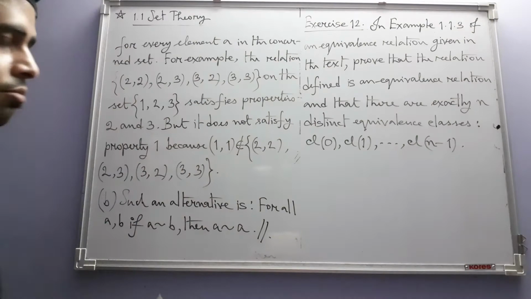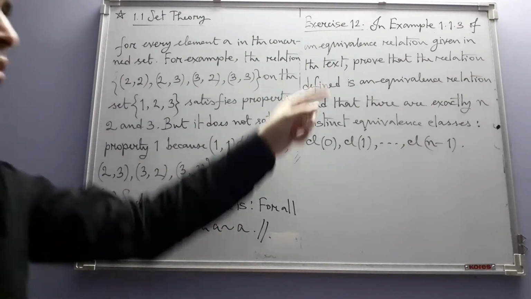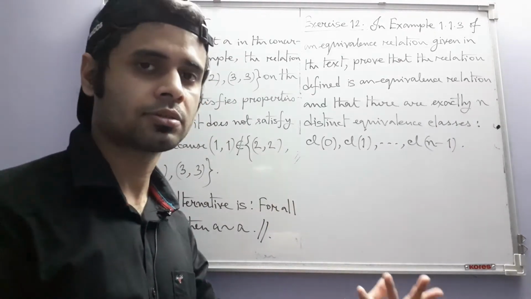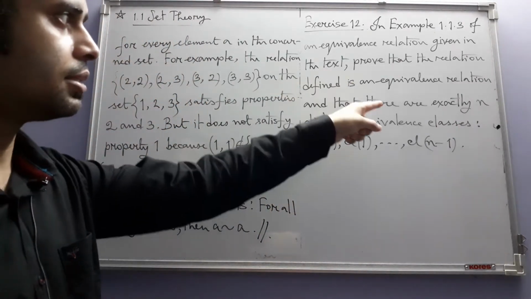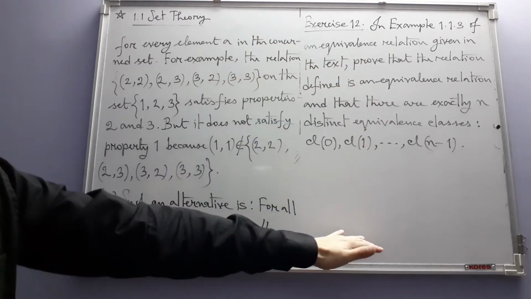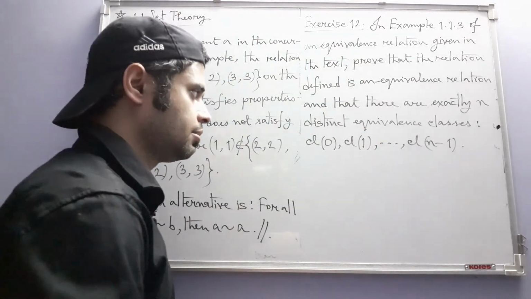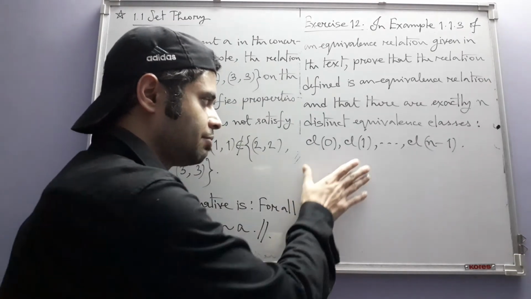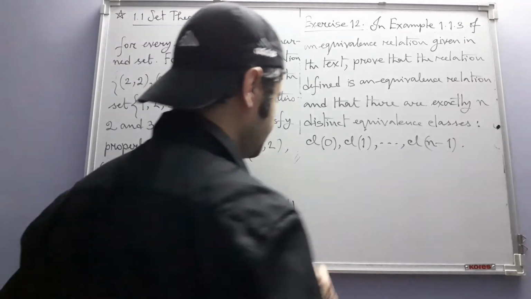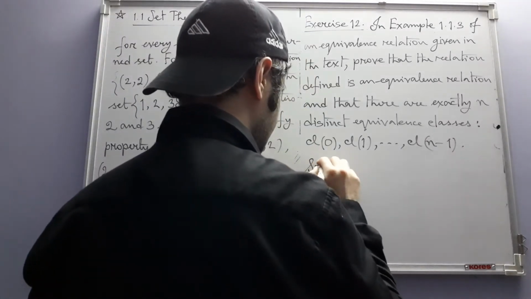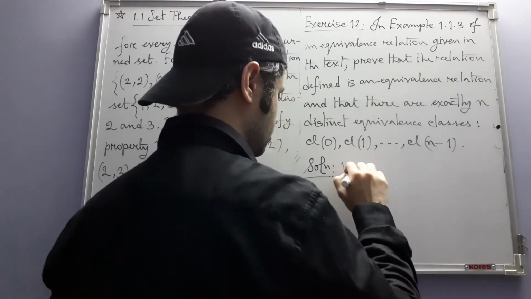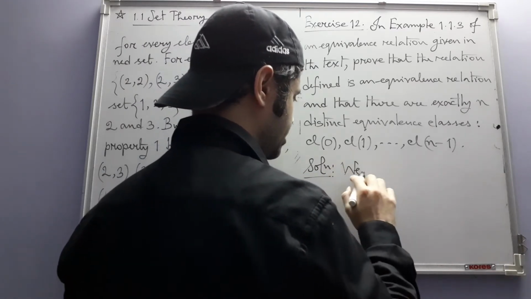Now, while discussing this example, I think I have shown the steps of how to show that this is an equivalence relation. So we already know that the relation is an equivalence relation. Now we have to find the equivalence classes, and in fact we have to show that these are the equivalence classes. Okay. So that's what we will do. Let me just mention it here.